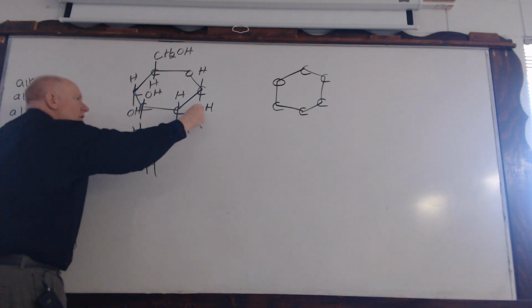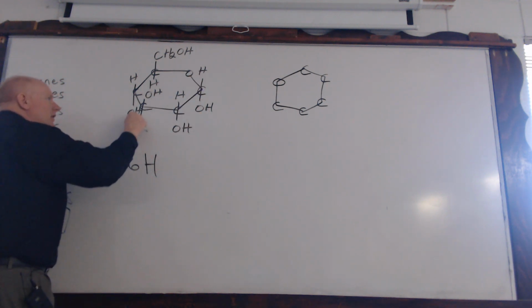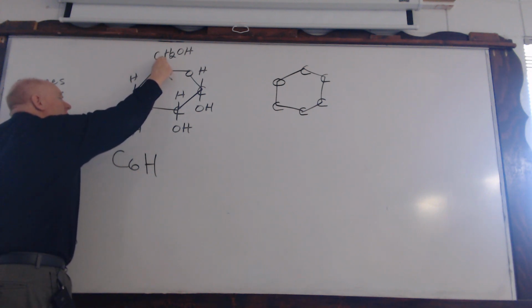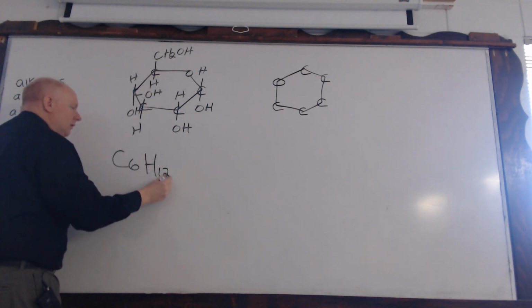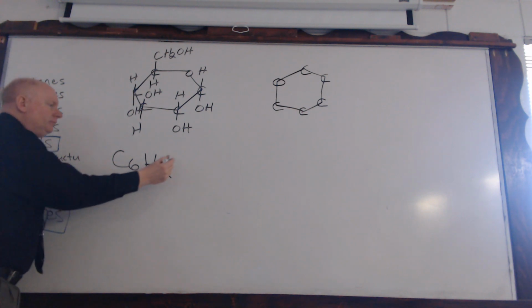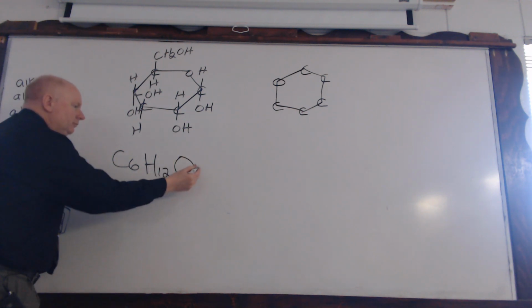We'll just start here. 1, 2, 3, 4, 5, 6, 7, 8, 9, 10, 11, 12. I knew that. And then now count your oxygens. 1, 2, 3, 4, 5, 6. I think 6.